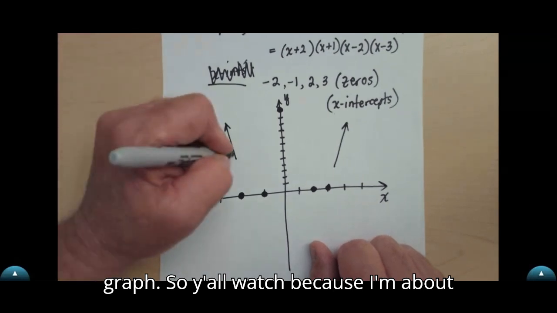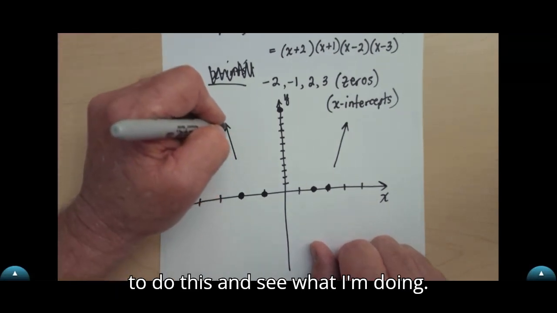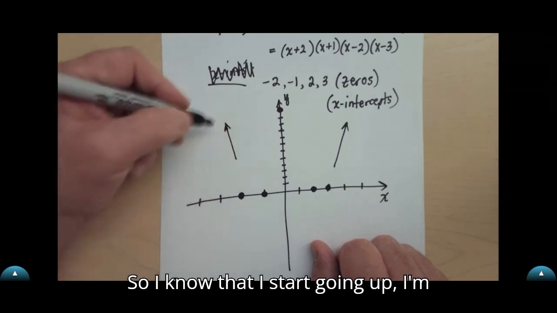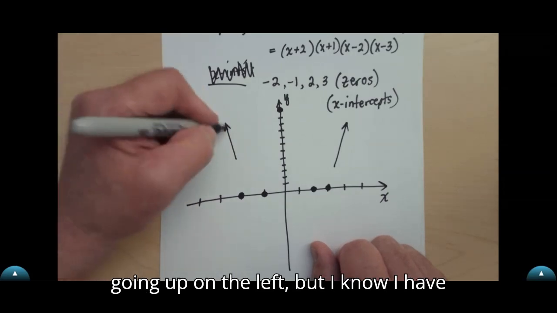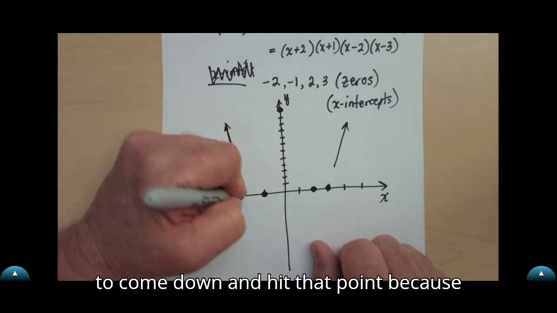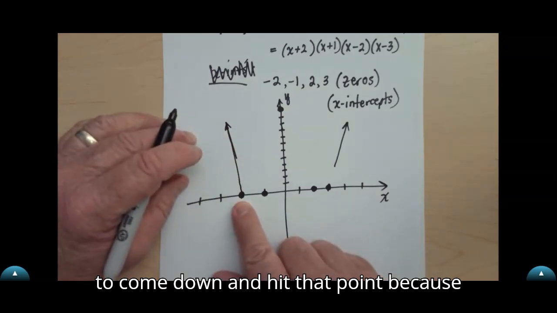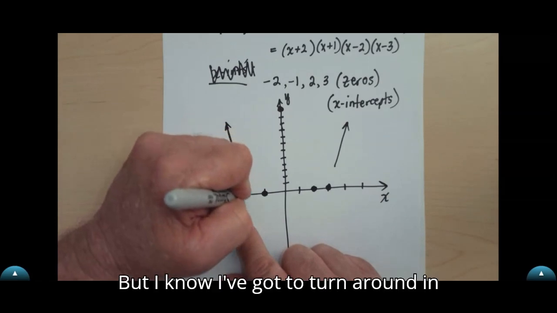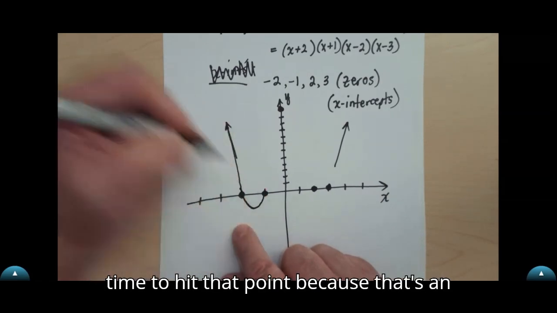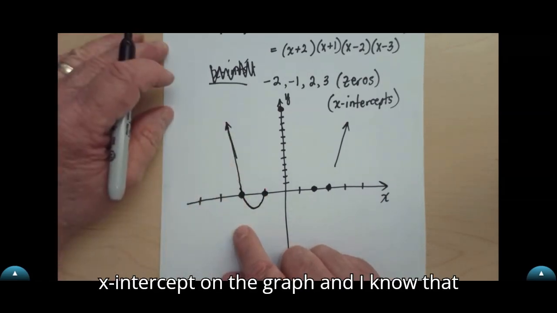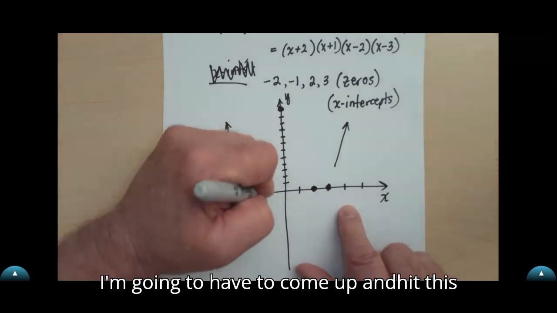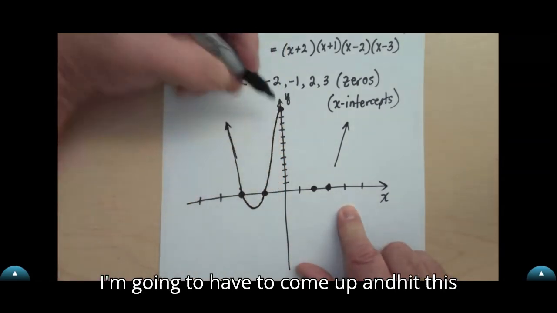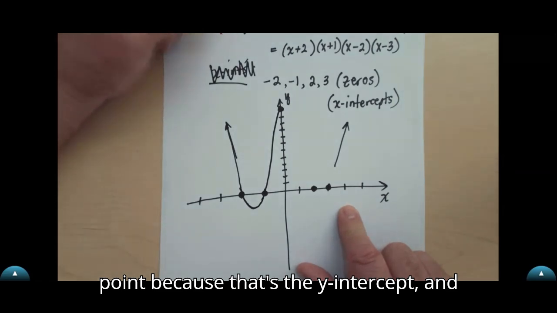So y'all watch, because I'm about to do this and see what I'm doing. I know I'm going up on the left, but I know I have to come down and hit that point because that's an x-intercept on the graph. But I know I've got to turn around in time to hit that point because that's an x-intercept on the graph. And I know that I'm going to have to come up and hit this point because that's the y-intercept.